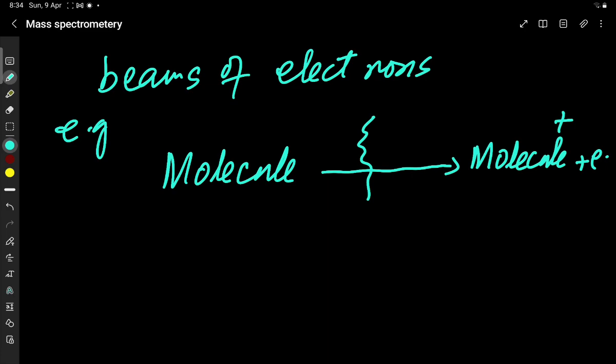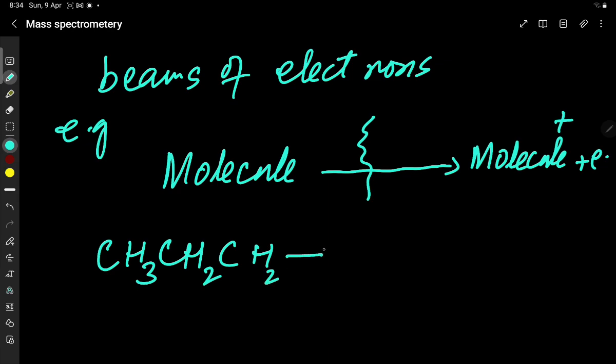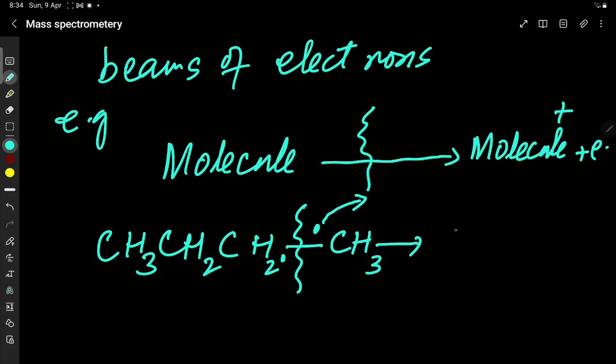In other words, for example, if this is CH3, CH2, CH2, CH3, and electrons are bombarded at this molecule, electrons can be removed, and one product is the molecular ion like this, CH3, CH2, CH2, and this will become a free radical.